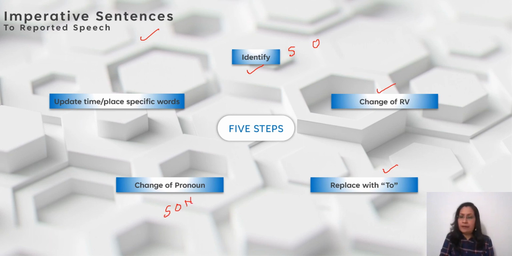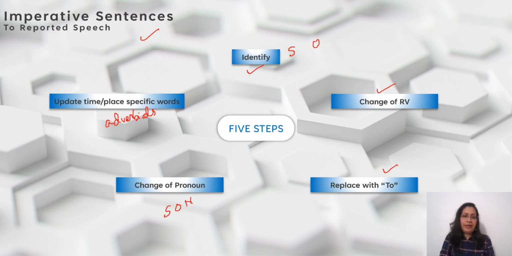To know more details about this SON formula, please refer to the previous videos. And lastly, we update the time and place specific words, which we call adverbials. So these are the 5 steps involved in changing imperative sentences from direct speech to indirect speech.